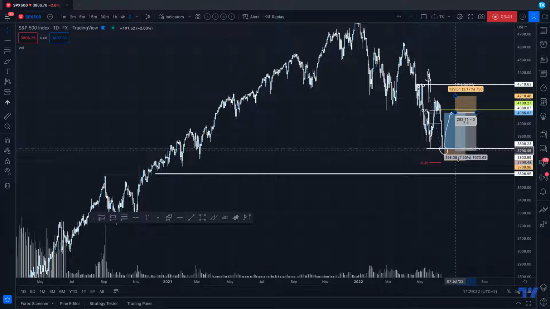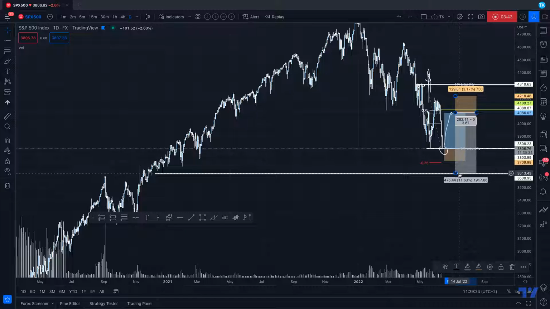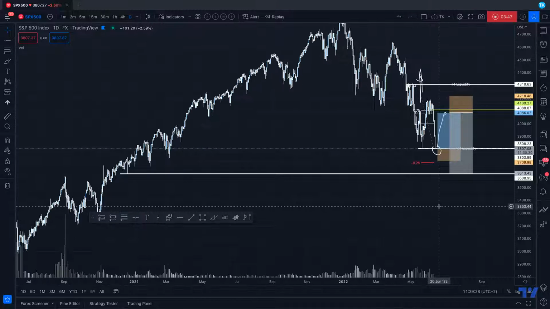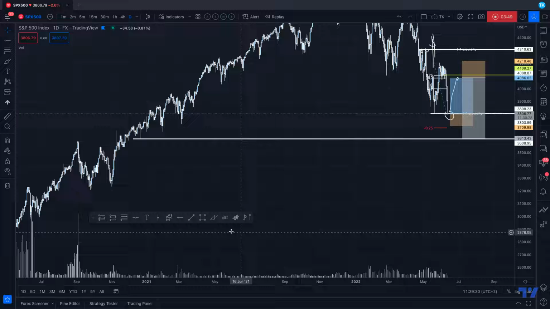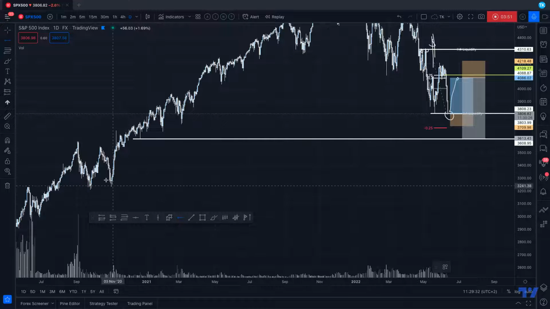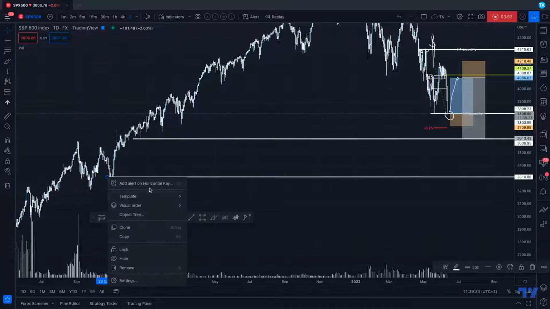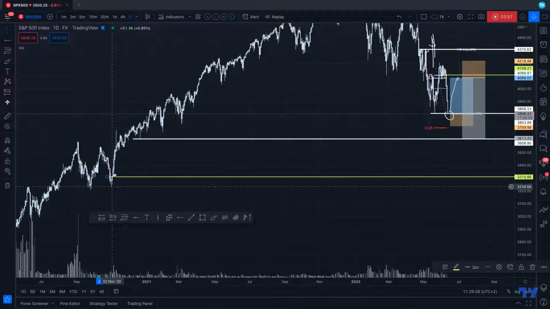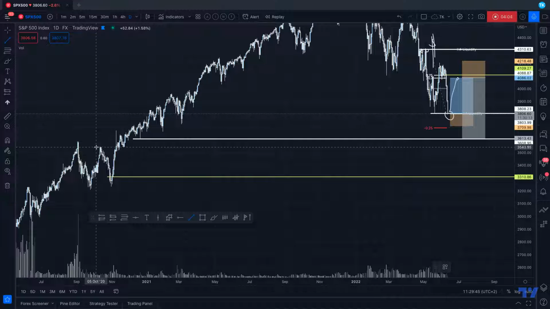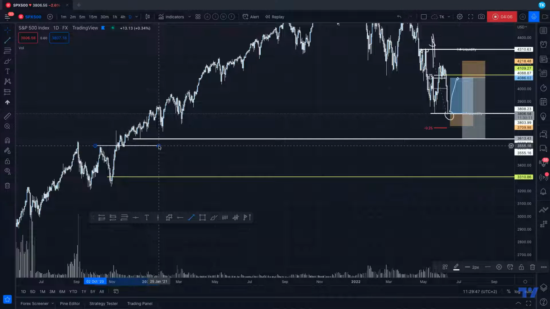So we're going to have a nice 3.6 risk reward ratio. And obviously this is another level that we have to keep in mind, because we have a strong inefficiency from where the first structure had been broken in the past. So right here.